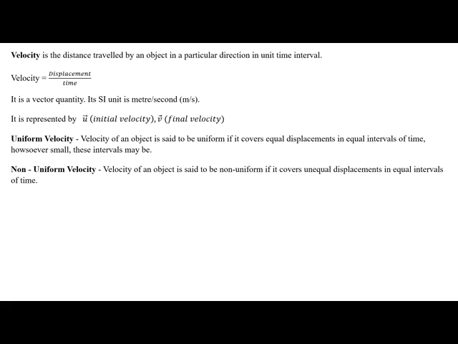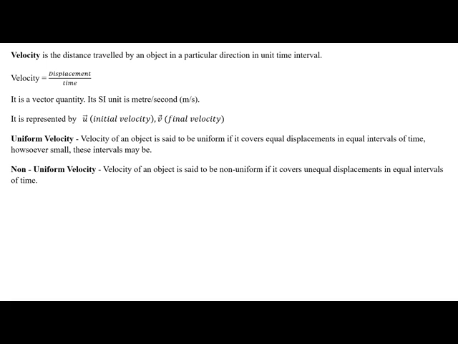Now you see non-uniform velocity. What is non-uniform velocity? The velocity of an object is said to be non-uniform if it covers unequal displacements in equal intervals of time. So, if an object is traveling from one place to another in one direction, what happens?